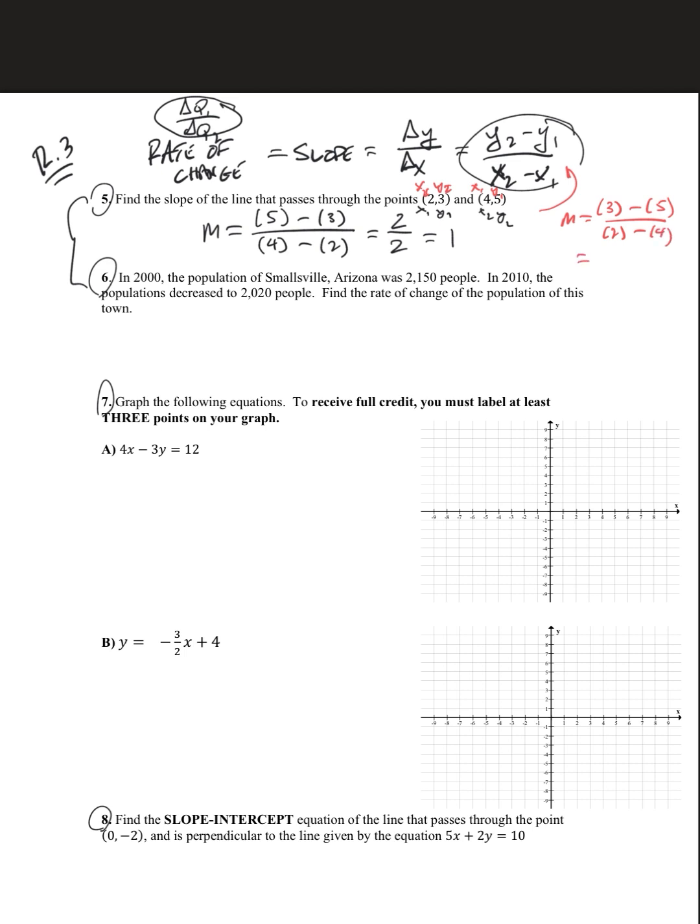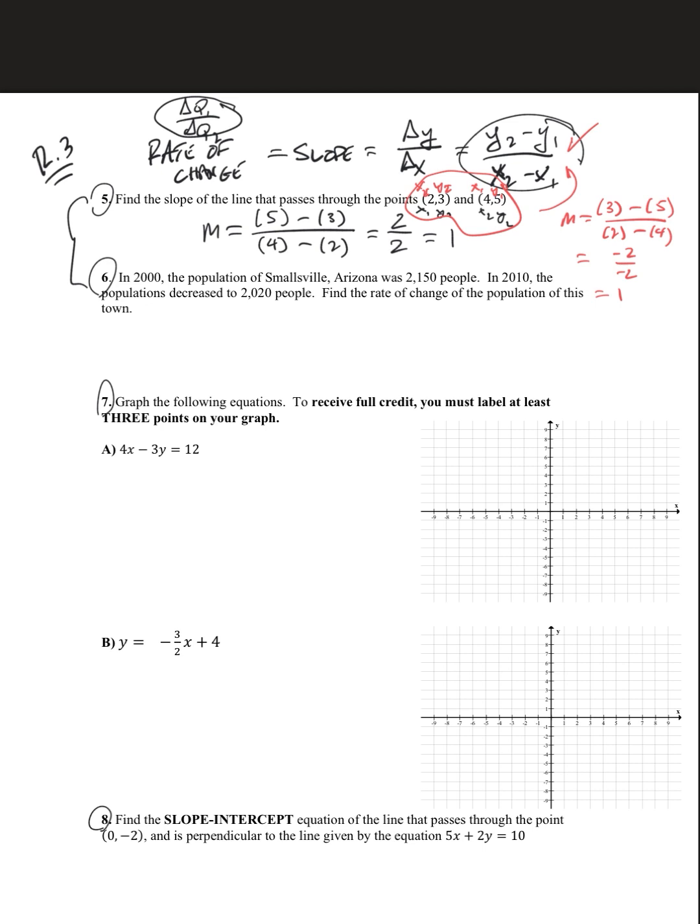And in this case, doing the math, we end up with -2 over -2, which is still 1. So just make sure you determine who's who, and then plug them into your formula. And because we're dealing with a line, the slope should be the same no matter what. So that's kind of a cool idea. So don't get too hung up on which one's x1 and y1 and x2 and y2. Just make a determination and throw it into the formula.